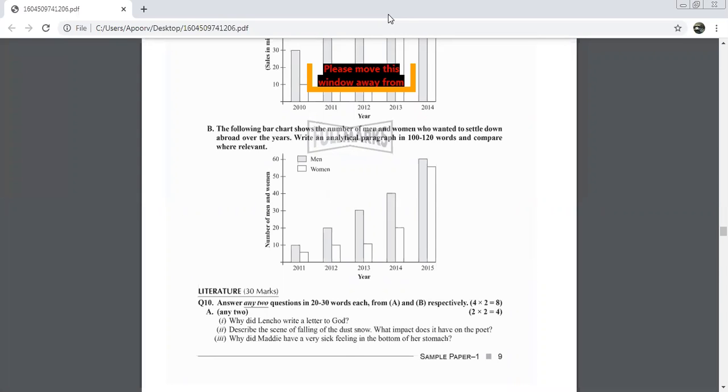Anshika has raised her hand. She wants to describe a bar. Supposing next year you want to do 2013, do better. Ma'am, in 2013, men were more in number than women, and the number of women was the same as 2012. But the growth is seen in the number of men who wanted to go abroad.